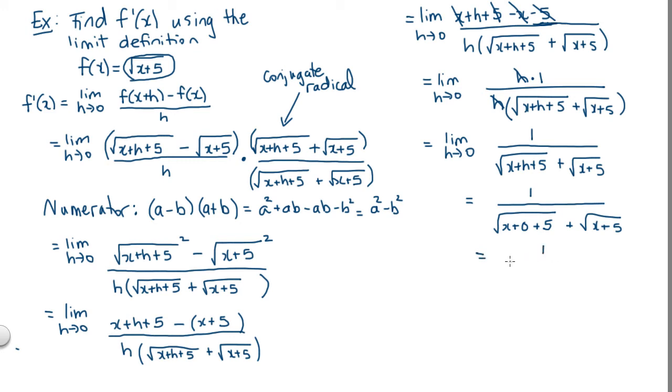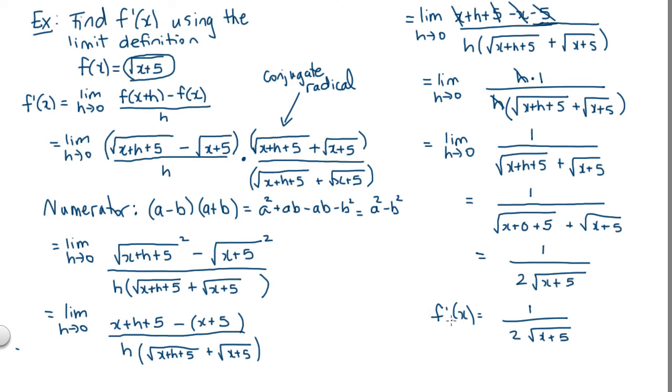So really what we're getting in our denominator here is just 2 copies of root x plus 5. And that gives us our answer to the problem. f prime of x is 1 over 2 root x plus 5.